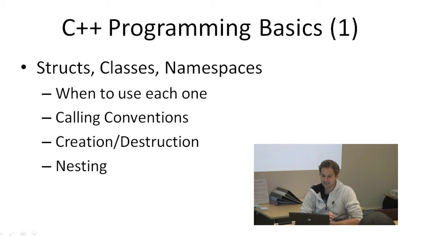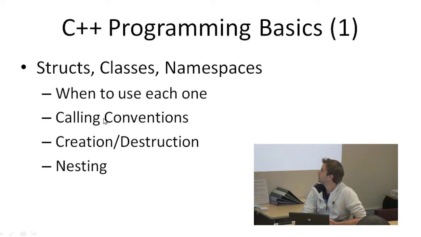C++ is, for the most part, kind of similar to Java anyway. So we covered a lot of this when we reintroduced ourselves to programming for the Java course. But essentially, we are going to look at structs, classes, and namespaces. We've already seen structs and classes in Processing.